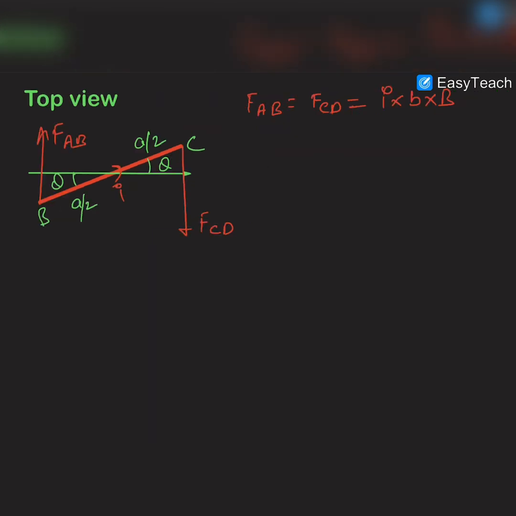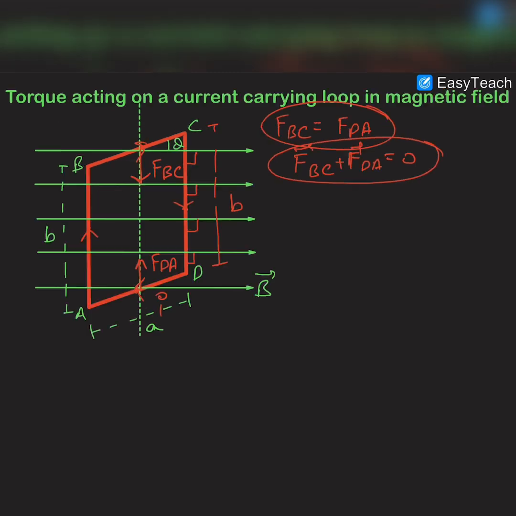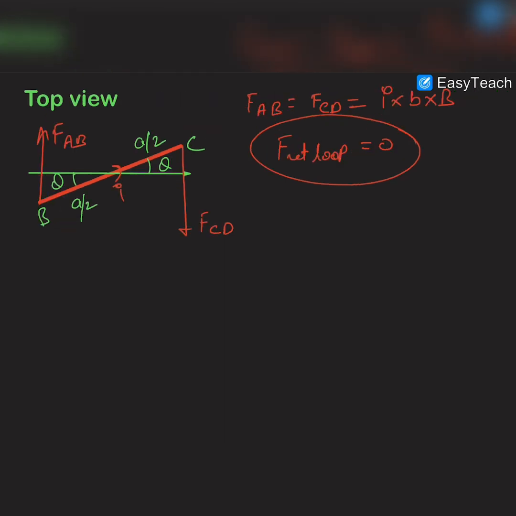Now we see that the net force acting on the loop is 0, obviously, because these two forces cancel out and those two forces cancel out. But these two forces will create some torque about the center. The torque can be calculated by a simple analogy.